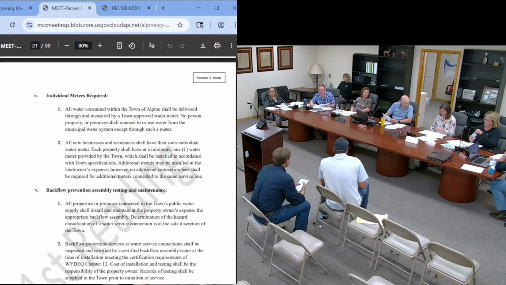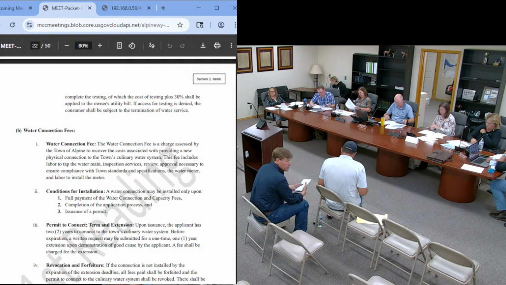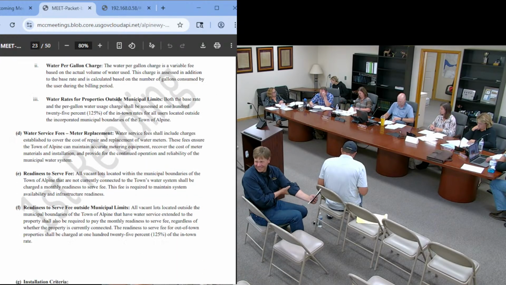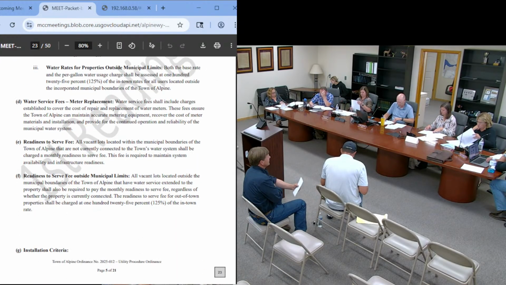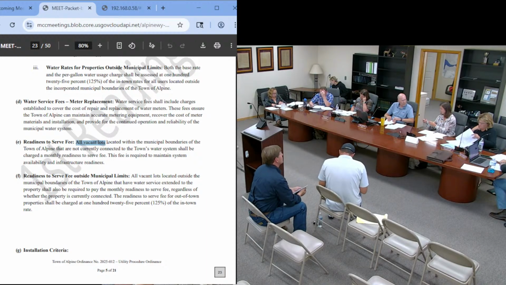Okay, keep firing away. So in a couple places, page 5, and then I have a cross-reference somewhere later on, this readiness to serve fee, on page 5, there's language where it just says vacant lots. And later on in the document, it talks about vacant, unoccupied lots that are connected to the system already.